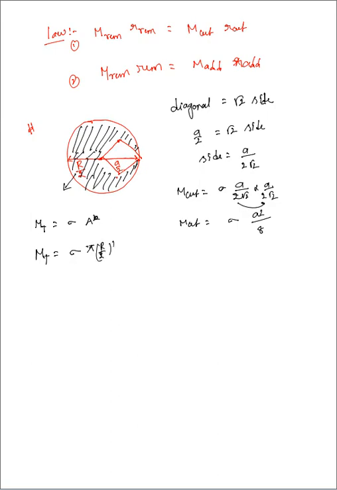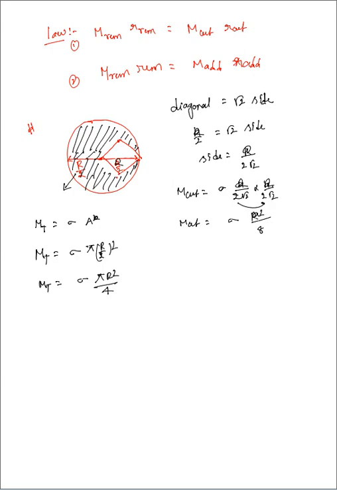Therefore M total equals sigma into pi R square by 4. This should be R by 2.